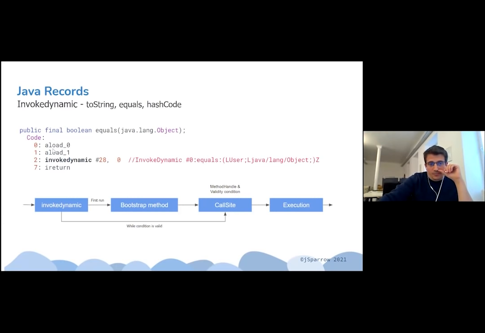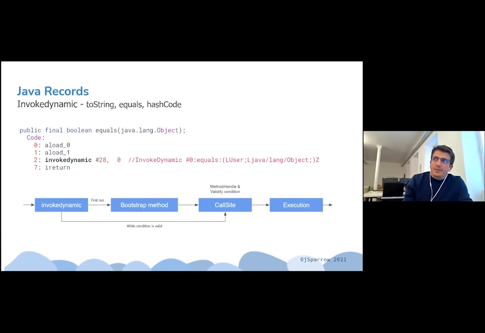And it's very simple and very elegant. And we see in line number 2 that there is an invokedynamic call. This invokedynamic is an opcode which was introduced in Java 7. And the purpose for introducing invokedynamic was to add support for dynamically typed languages that run on the JVM, like JRuby.